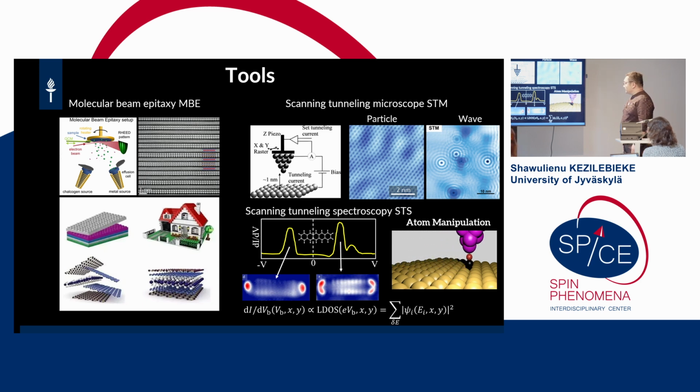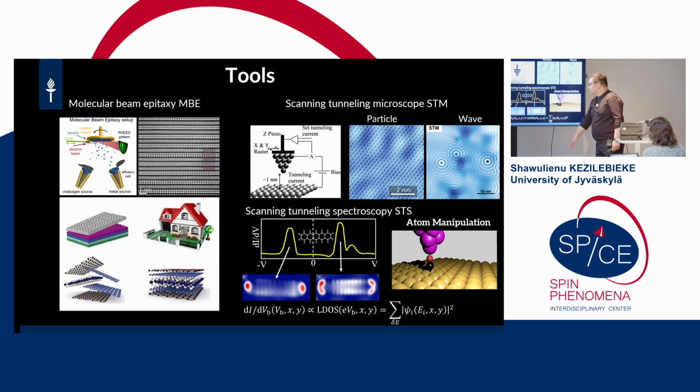A few words about the scanning tunneling microscope. We have this type of metallic probe tip, and we bring this tip very close to the surface, and then we scan. Using this technique, we can take images of the sample, and we can also perform spectroscopy. So we can look at what the local density of states looks like and how it changes in space.